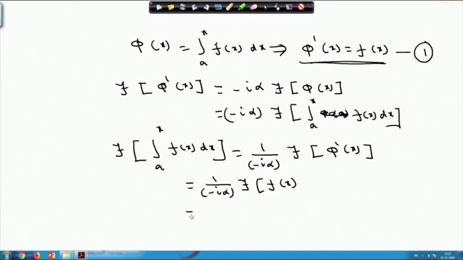And this equals, I can write, the Fourier transform of f(x) is nothing but F of alpha, divided by minus i alpha, which completes the proof that the Fourier transform of the integral from a to x of f(x) dx is equal to the Fourier transform of f(x) divided by minus i alpha.